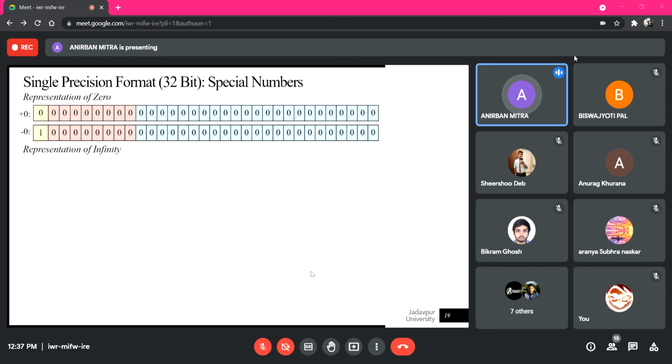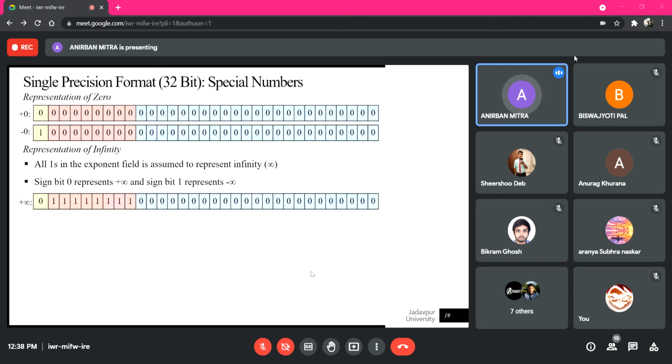Now what about infinity? In case of infinity, all the exponents are taken as 1. The sign bit could again be 0 or 1, and depending on that, it indicates positive infinity or negative infinity.